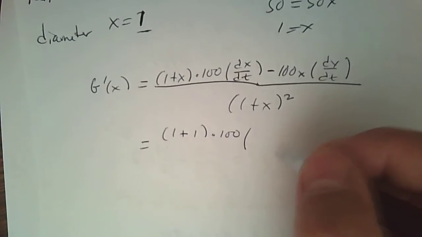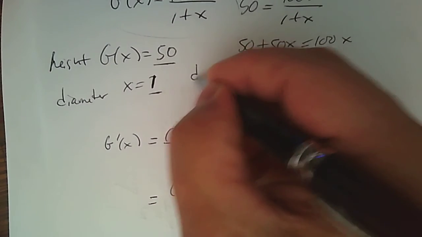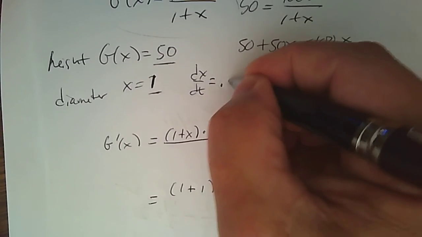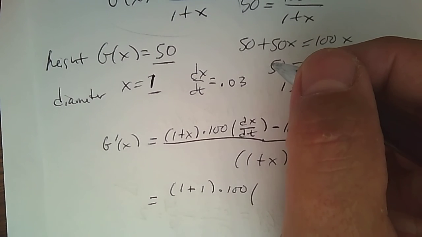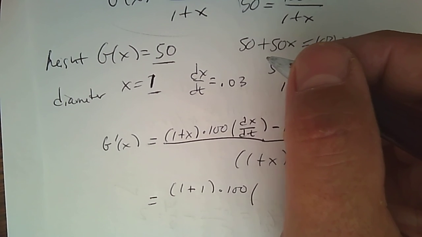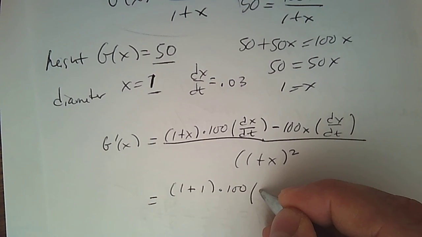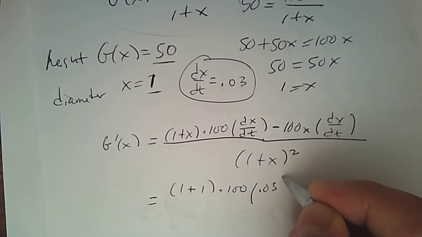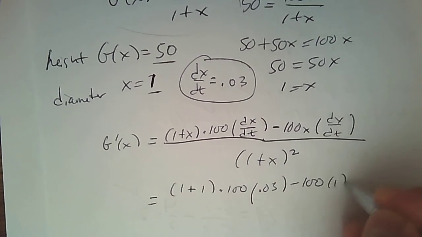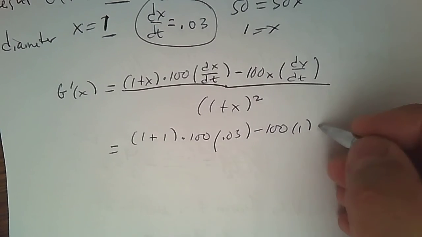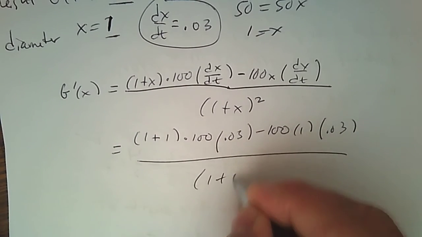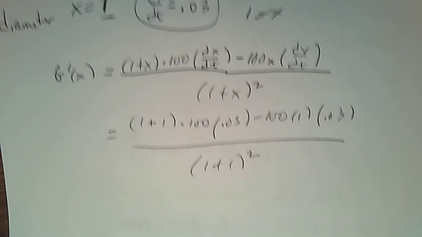I know dx by dt is given. So in the question itself, it says the rate that the diameter is increasing is 0.03. That's given in the question, 0.03. So dx by dt is 0.03. And then just continue that. So where there's an x, 1, dx by dt, 0.03, and then the denominator is 1, and that's it.